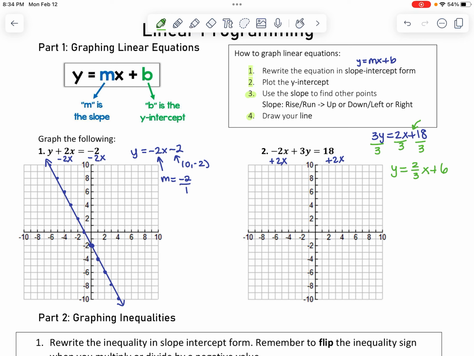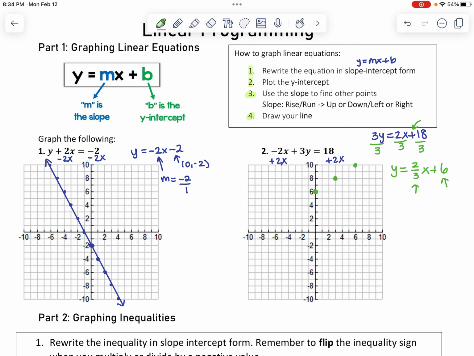All right, so now we see our y-intercept is 6, and we have a slope of 2/3. So I'll start at 6 right here on the y-axis, and then I'm going to use the slope 2 over 3, that's rise over run. So we're going to rise up 2, and then we're going to run over 1, 2, 3, and place a point. Repeat again, up 2, over 1, 2, 3, place a point.